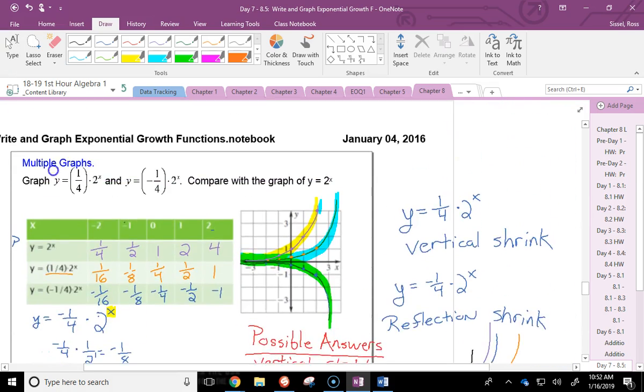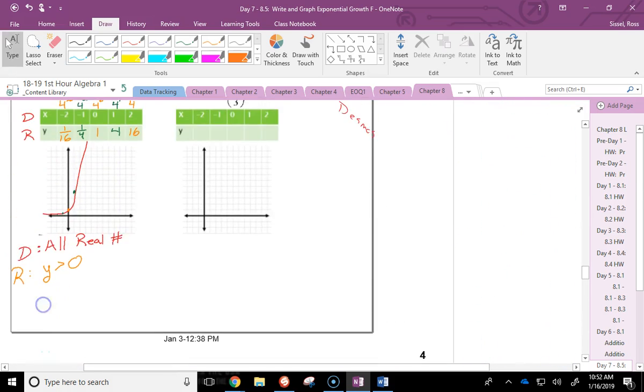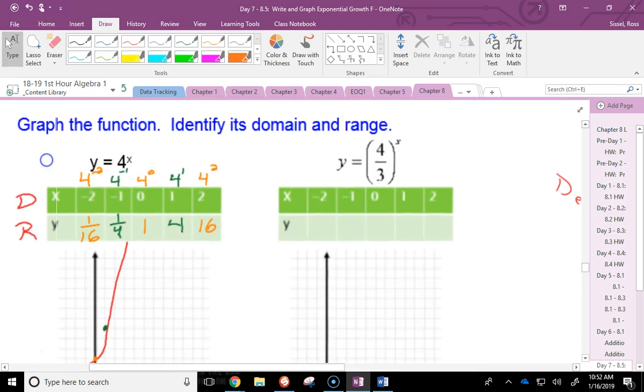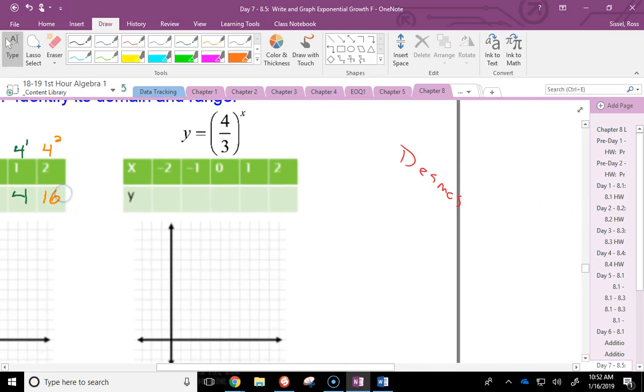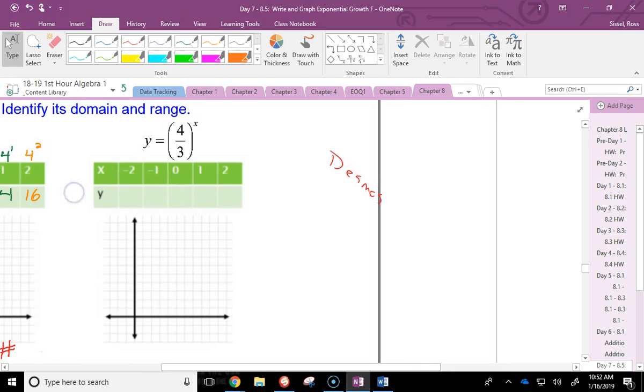Okay, I want to go up to this one. Okay, we skipped this one in class. Now, we have y equals 4/3 to the x exponent. So, to do this, remember this would end up kind of simplifying to 4 to the x over 3 to the x because of what we learned.